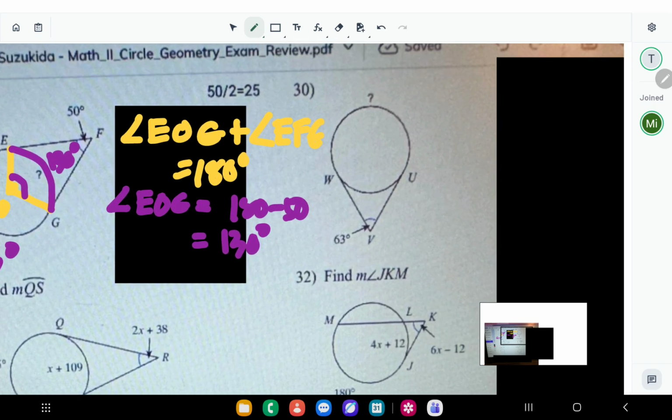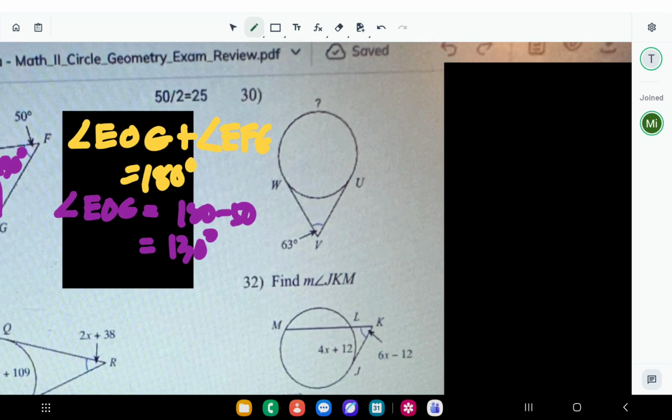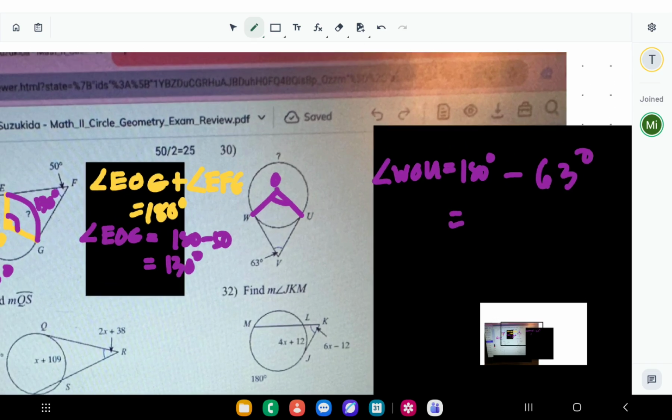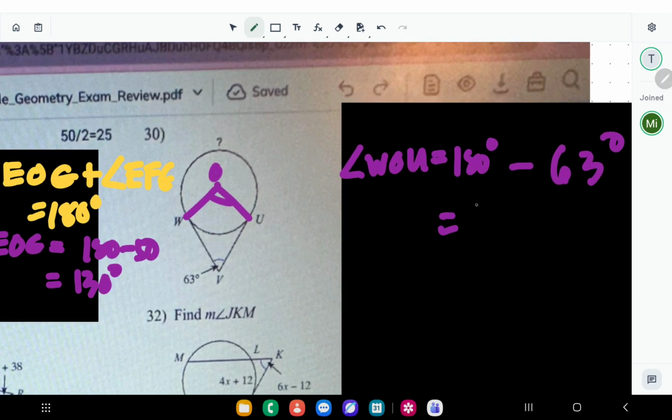The same with number 30. We're given the external angle, 63 degrees. So that means the central angle, let's say this is O, WOU is equal to 180 degrees minus 63 degrees. So what is 180 minus 63? Okay, 117 degrees.